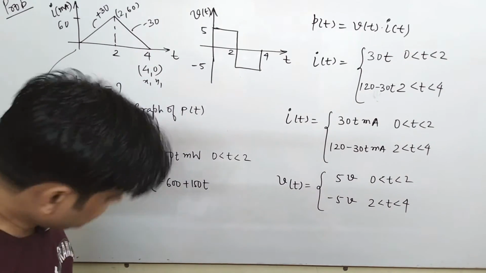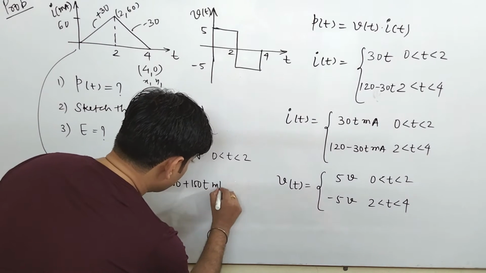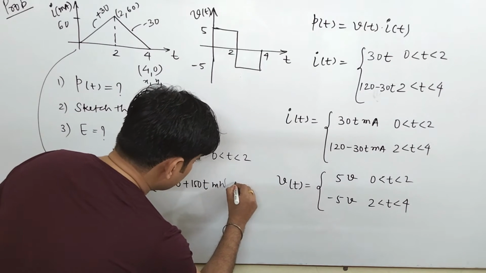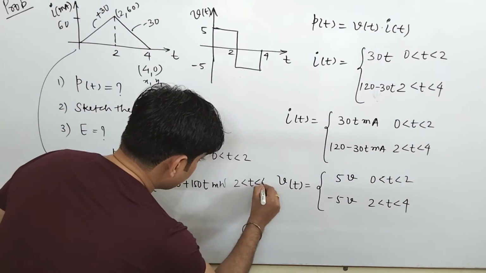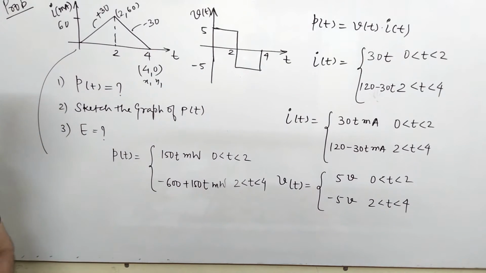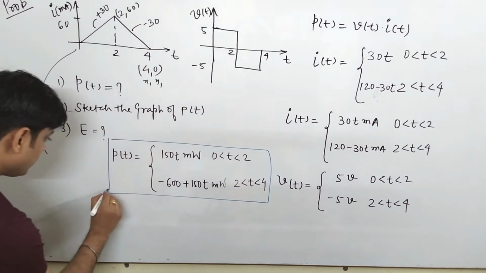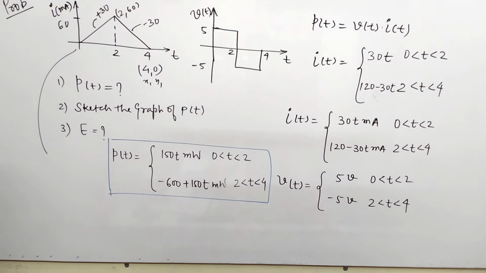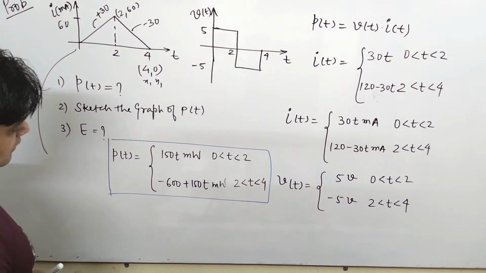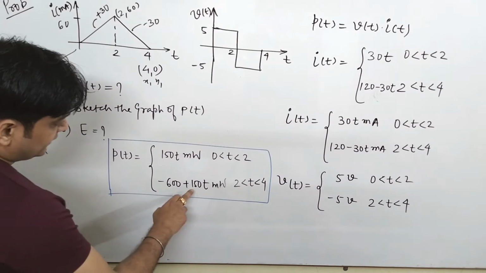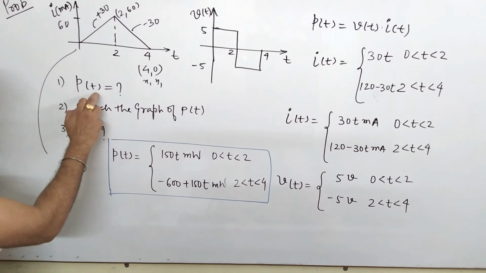This is also in milliwatt. So finally this is your power. We have found the first expression for P(t), a very important expression: 150t milliwatt, and minus 600 plus 150t milliwatt.